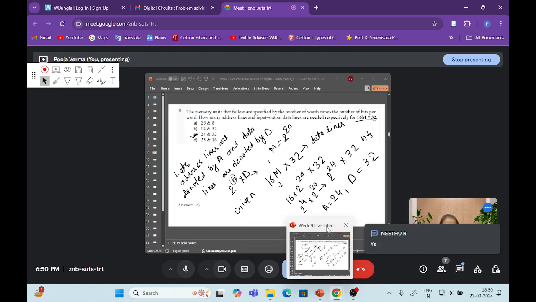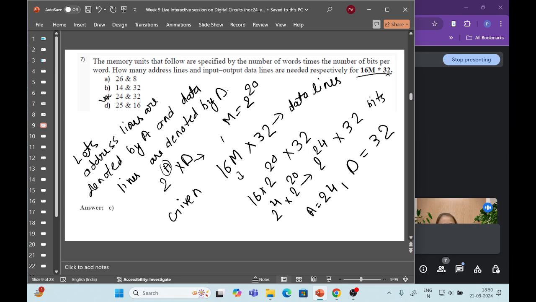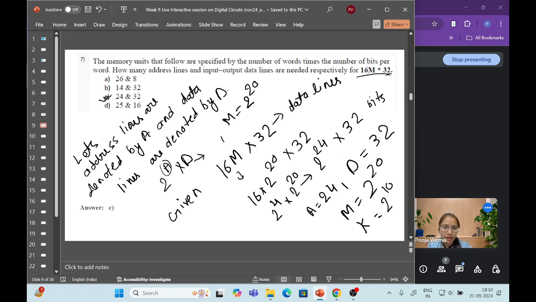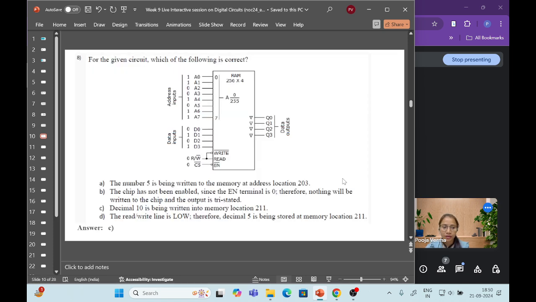So M, in terms of memory units, is always 2 to the power 20. If K is written here, it is 2 to the power 10. I hope now you have understood it. So moving to the next question.